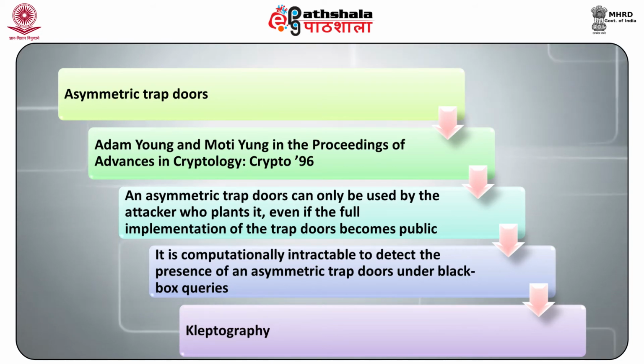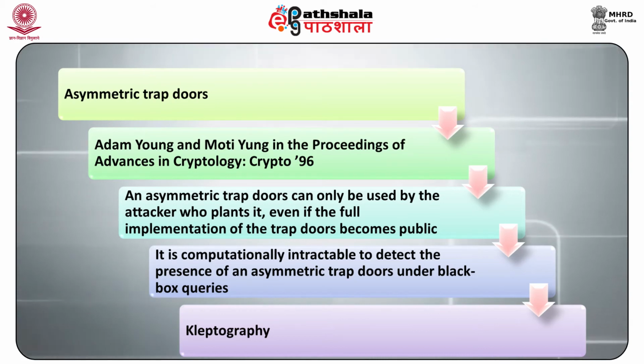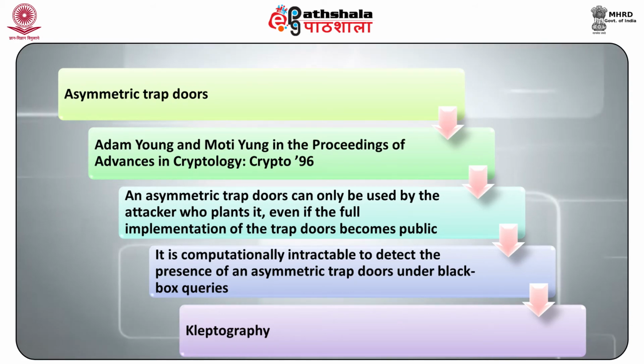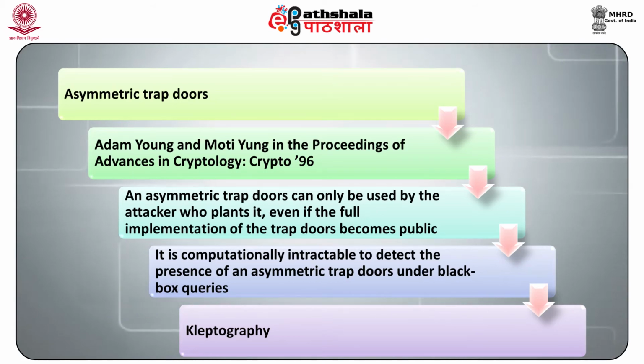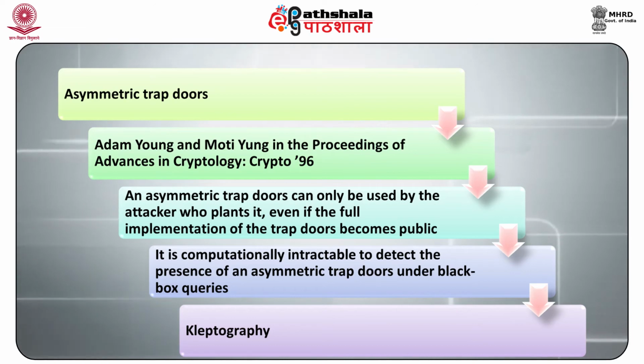An asymmetric trapdoor can also be used by the attacker who plants it, even if the full implementation of the trapdoor becomes public, for example via publishing, being discovered, and disclosed by reverse engineering, etc.